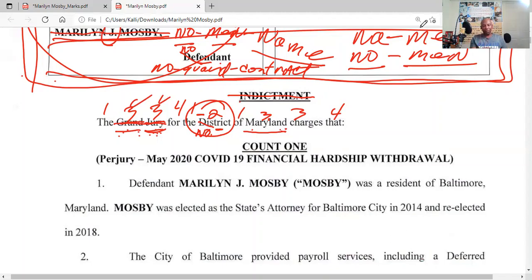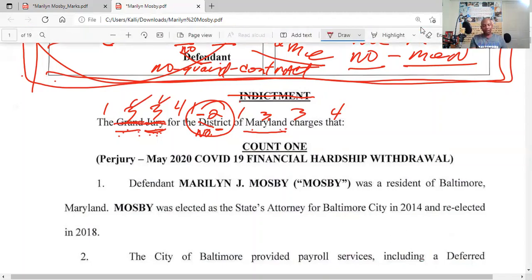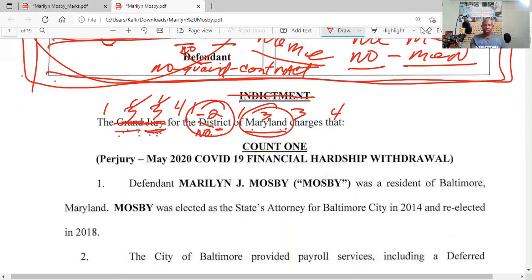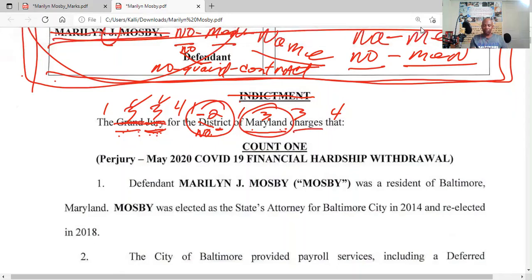Well, let's focus on the facts or the nouns, right? So that's a lie. That's a lie. That's a lie. This is also a lie because Marilyn is not an adjective, right? And then you have charges, which is also another noun, but that's also in the syntax location of an adjective.